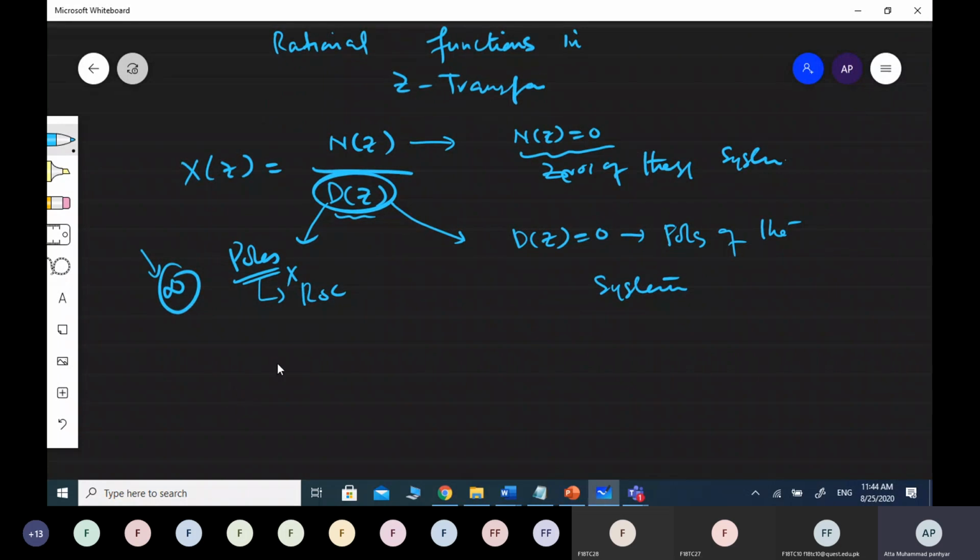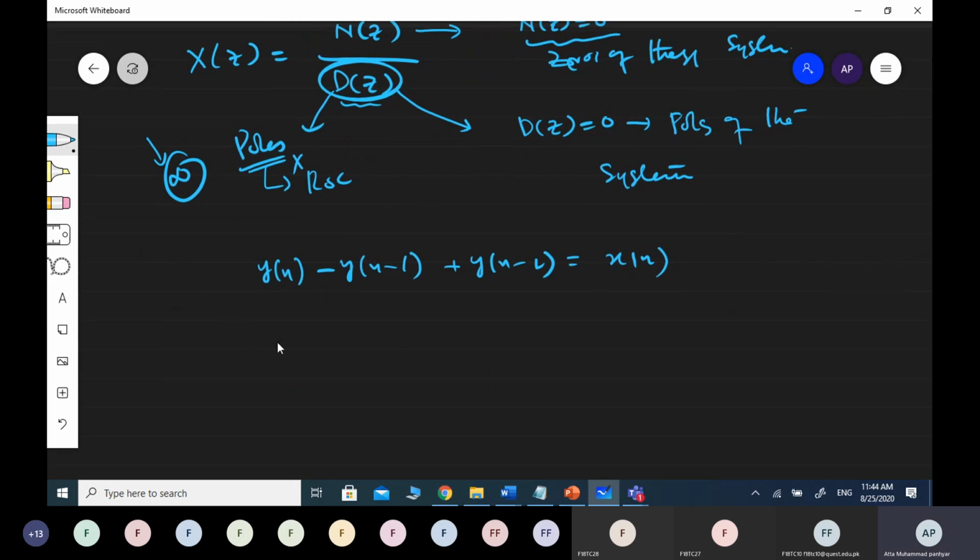For example, if we have a system y of n minus y of n minus 1 plus y of n minus 2 equal to x of n, then if we take the z transform, we end up with Y of z minus z power minus 1 Y of z plus z power minus 2 Y of z equal to X of z.